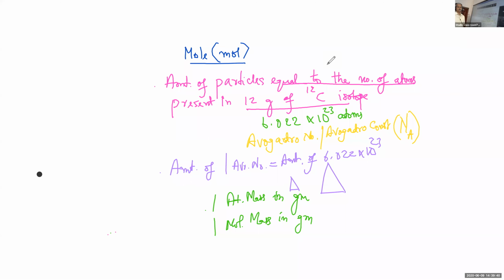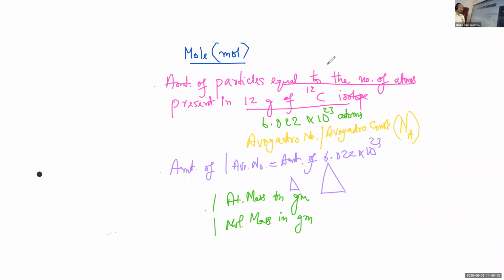What is a mole? 1 mole is the amount of particles, atoms, molecules, ions, etc., equal to the number of atoms present in 12 gram of carbon 12 isotope. In 12 gram of carbon 12 isotope, there are 6.022 into 10 raised to 23 atoms, and that number is called Avogadro number or Avogadro constant Na.